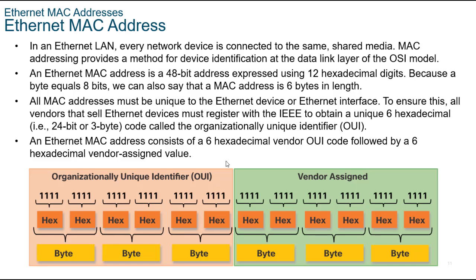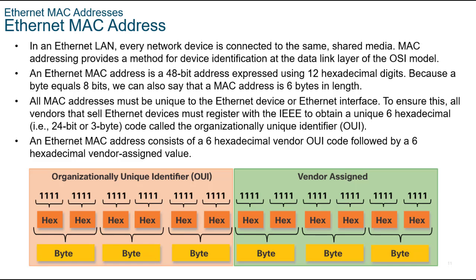The vendor must follow a specific format when assigning a MAC address to a device or to the Ethernet interface on a network router or switch. As shown in the figure, the IEEE assigned OUI will be the first 6 hex values in the MAC address, and the remaining 6 hex values will be a unique value determined by the vendor.